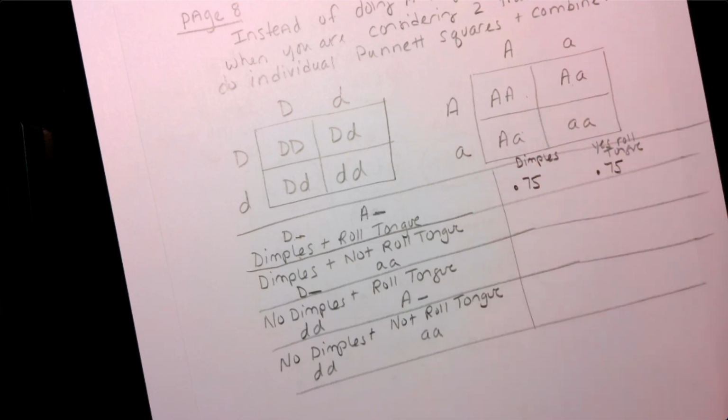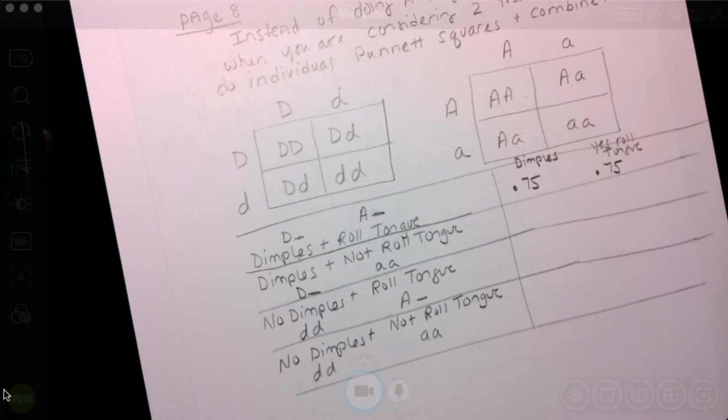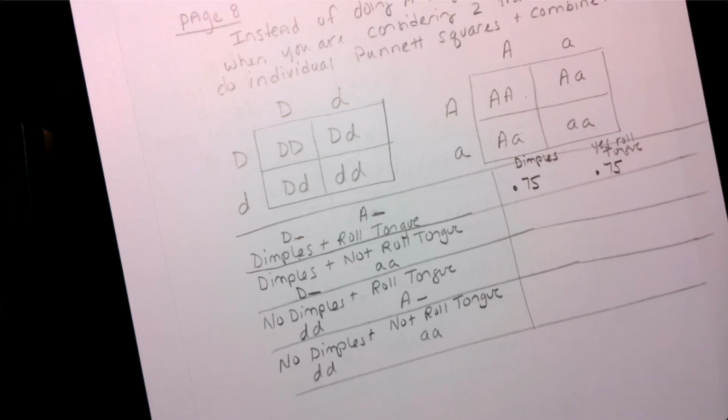All right. And if we are looking at what is the likelihood of being able to roll your tongue and have dimples in this example, well, that's not hard to do. We can use math instead of having a huge, huge Punnett square in order to do that. All we have to do is multiply these two numbers together. So you take 0.75 times 0.75.